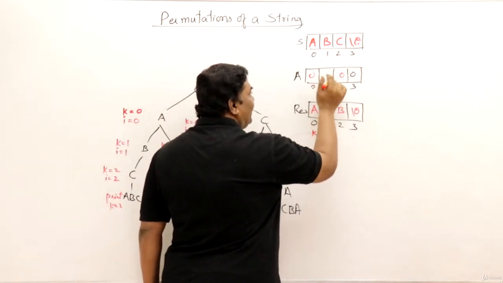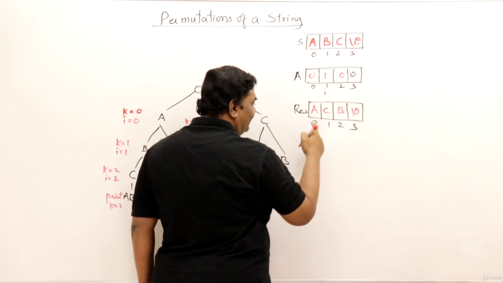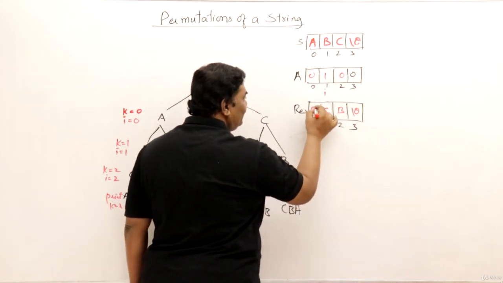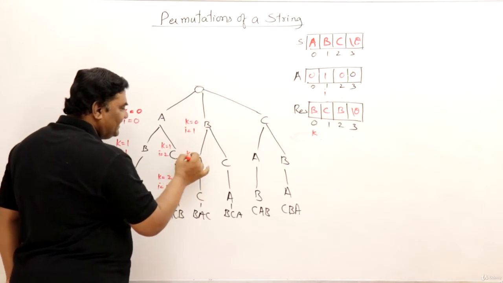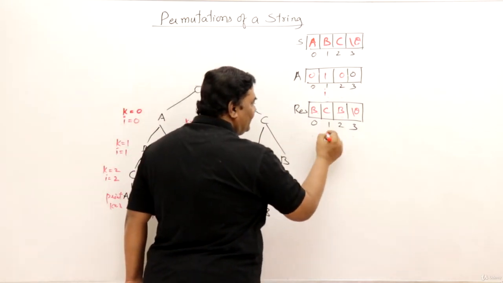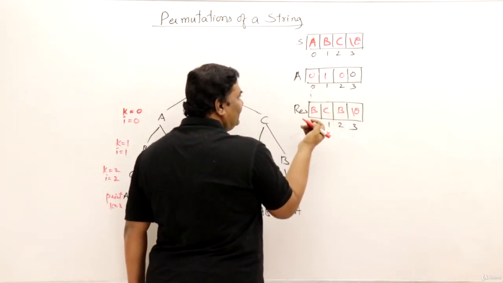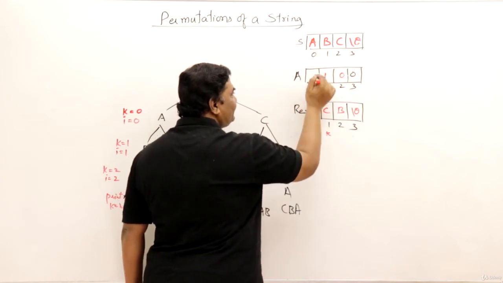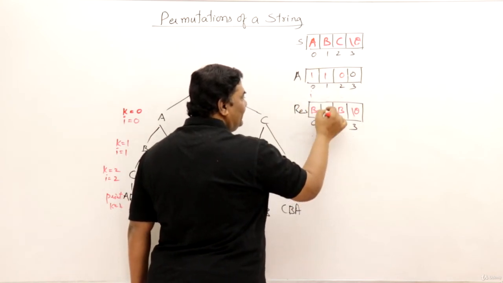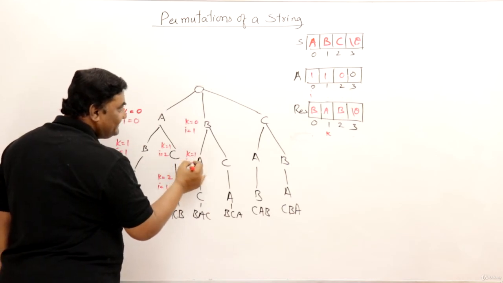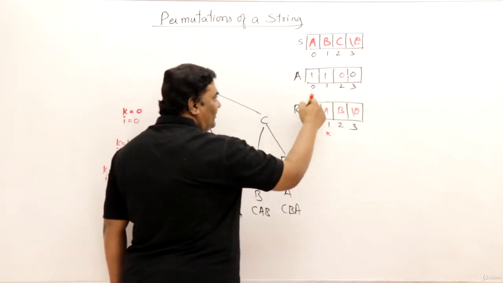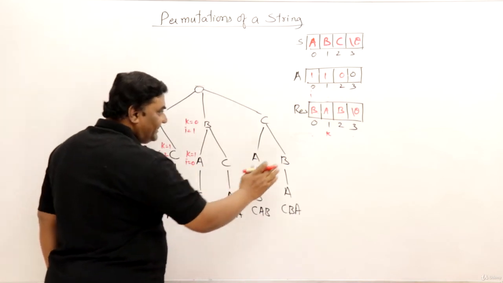So make it as 1 and copy this at K. So this becomes B. Then call itself again. So K becomes 1. I starts again. Is it available? Yes. Make it as 1. Copy A here.